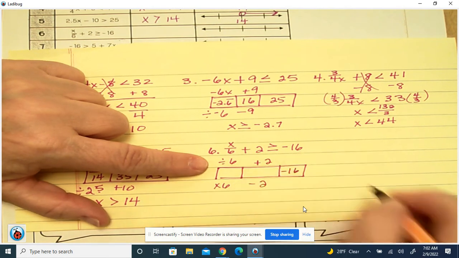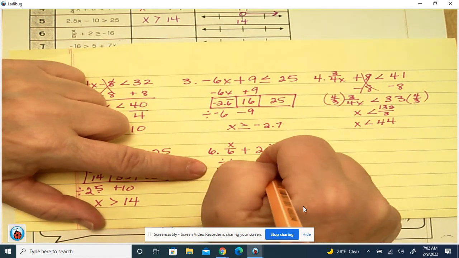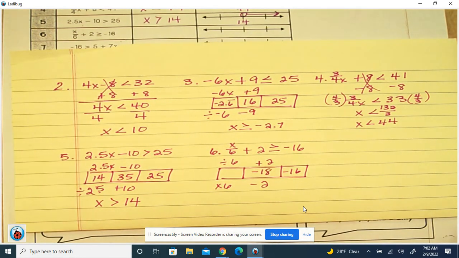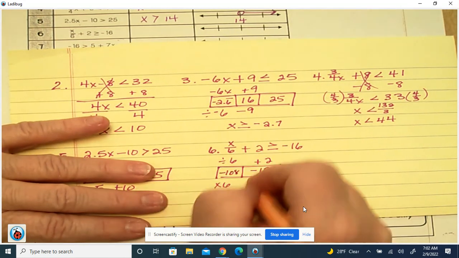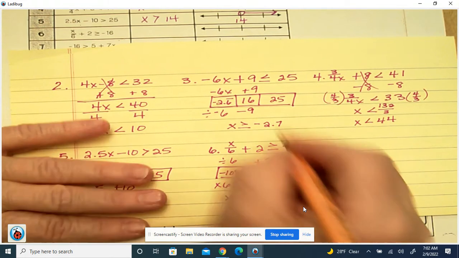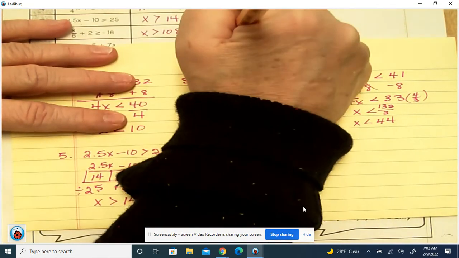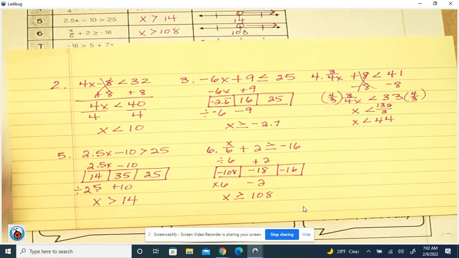We've got a negative 16. Negative 16 plus a negative 2 is a negative 18. And a negative 18 times 6 is a negative 108. So x is greater than or equal to negative 108. So I've got negative 108 greater than, shaded to the right.